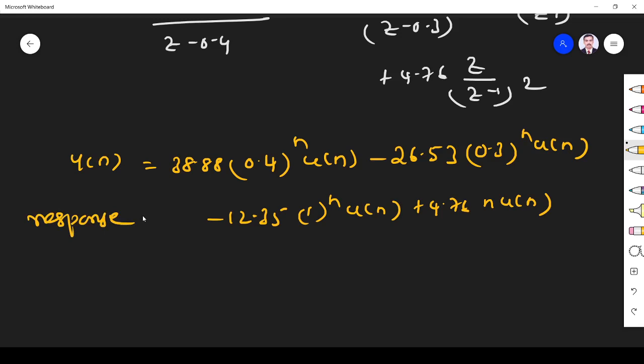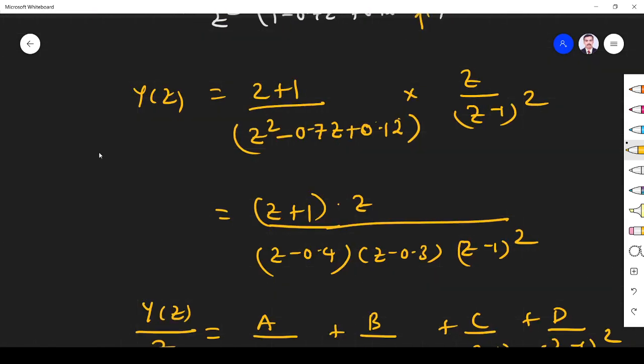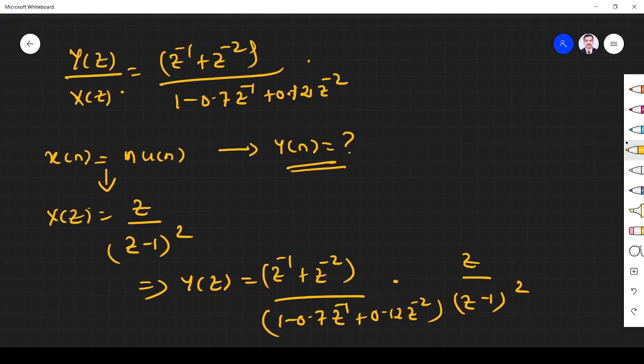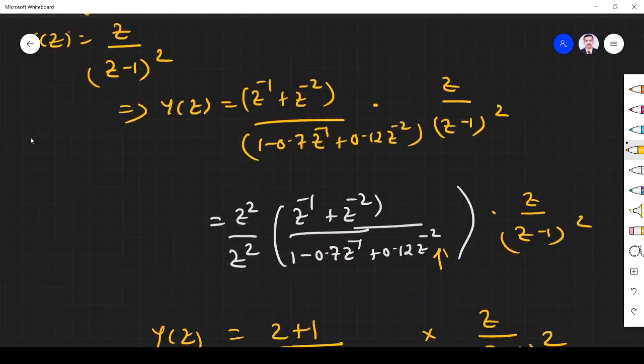Another thing they asked is whether the system is stable or not. Stability can be obtained from the poles and zeros, which is given by the H of z formula. So Y of z by X of z is equal to H of z. Let us see where the poles are.